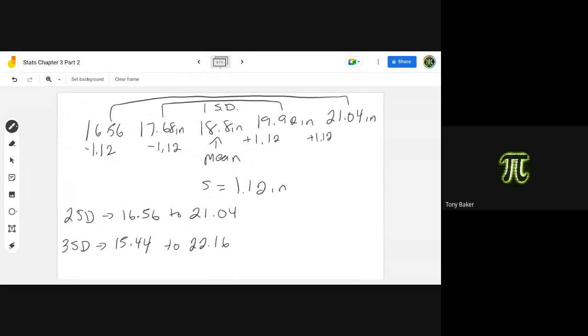So 15.44 to 22.16. Again, you're adding 1.12 and subtracting 1.12.